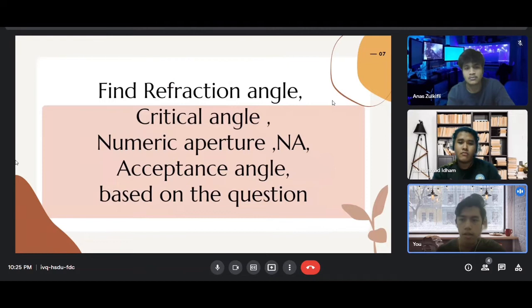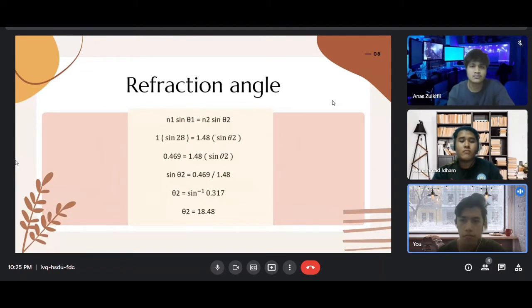Okay, next we need to find refraction angle, critical angle, numeric aperture, and acceptance angle based on the question. Firstly, refraction angle.